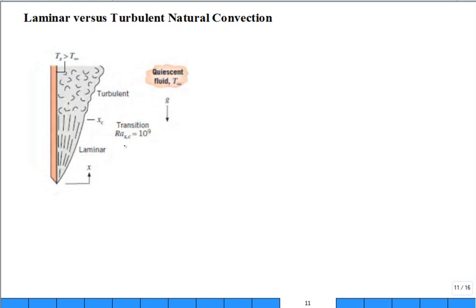Well, a lot of people have studied it, and they say the transition is when the Rayleigh number, another new number, but the Rayleigh number is just the Grashof times the Prandtl. Sorry, that's just the literature. A lot of people have worked in this area, and that's the best way to represent it. So the Rayleigh is the Grashof times the Prandtl. When that number, the critical Rayleigh number, is around 10 to the 9th, then you expect a transition.